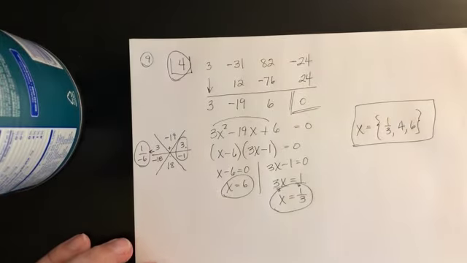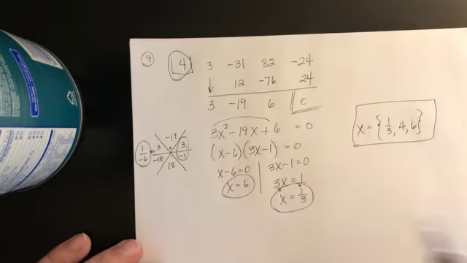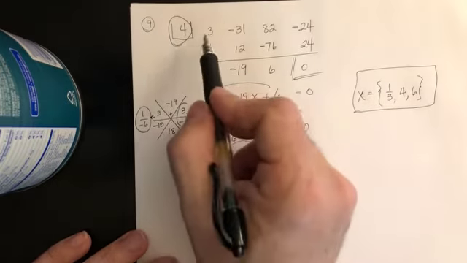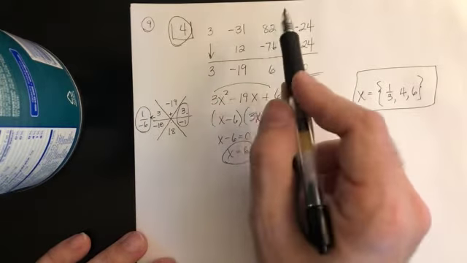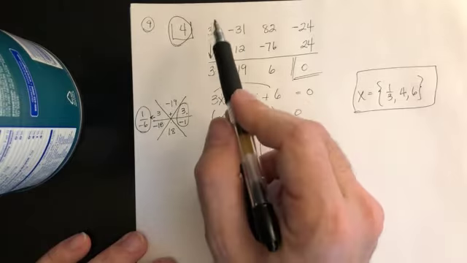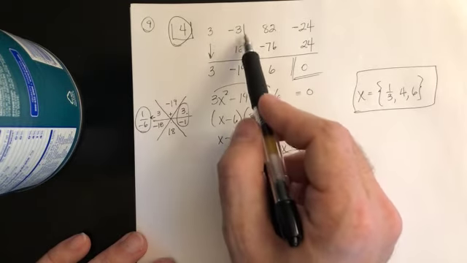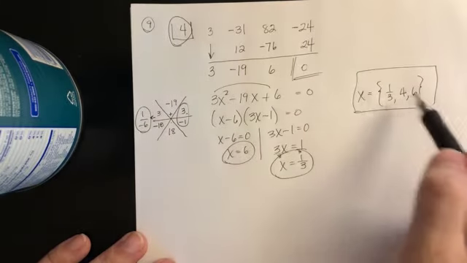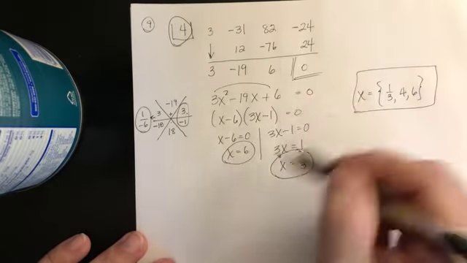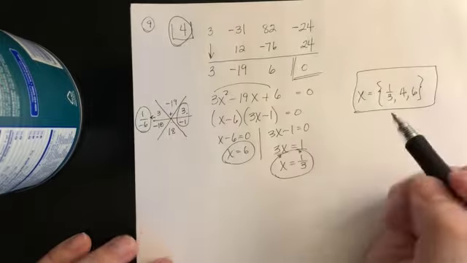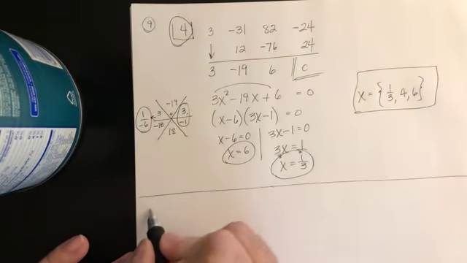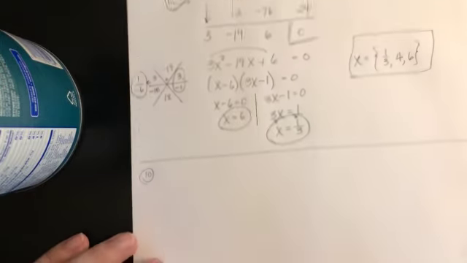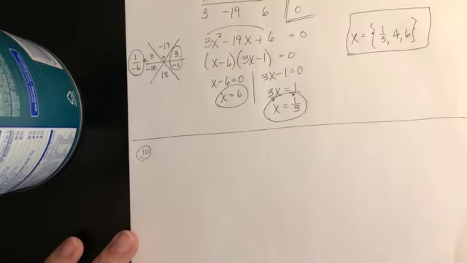Those are all the zeros. And that's solving the equation 3x cubed minus 31x squared plus 82x minus 24 equal to 0. We did it with synthetic division and then solving a quadratic equation. Two steps.